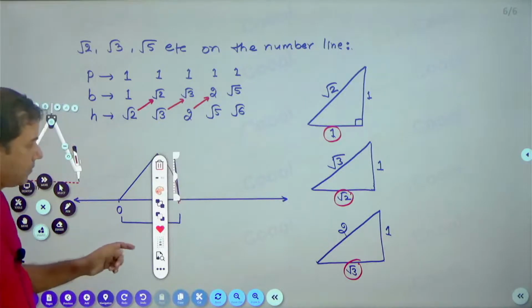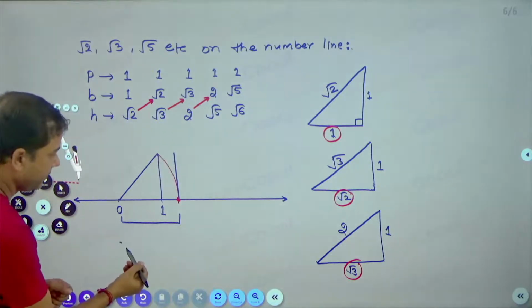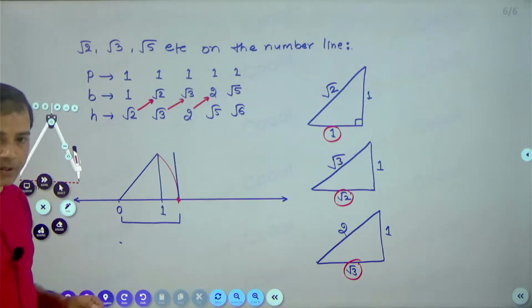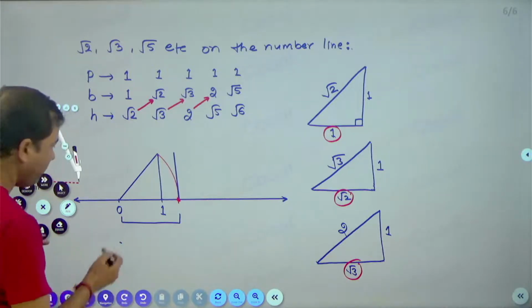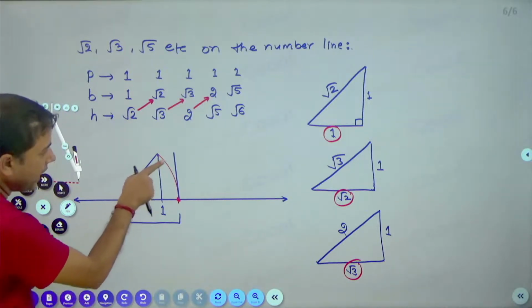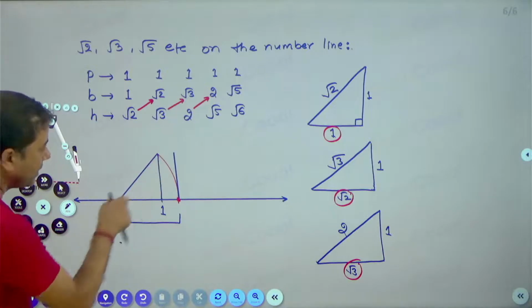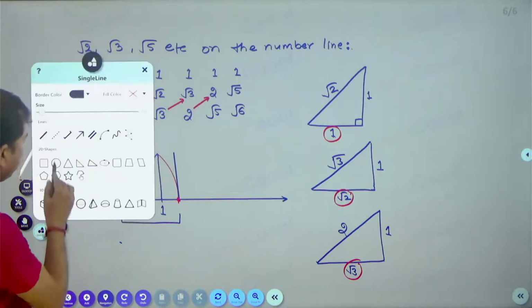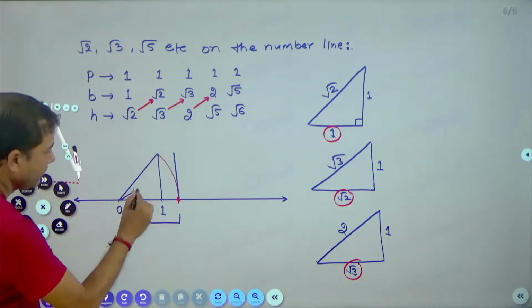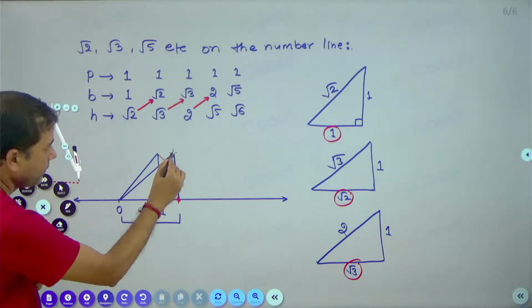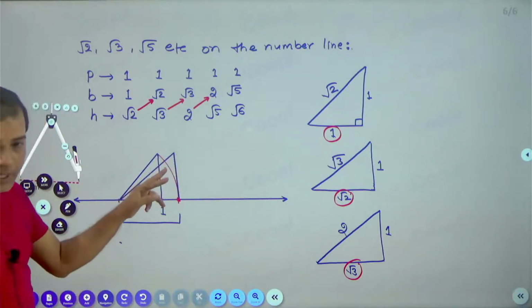Here it is. Now tell me, if I join 0 to that point here, what will be the length of hypotenuse? Root 3, right? Yes.